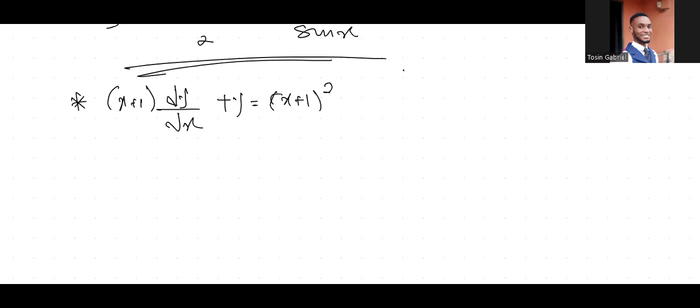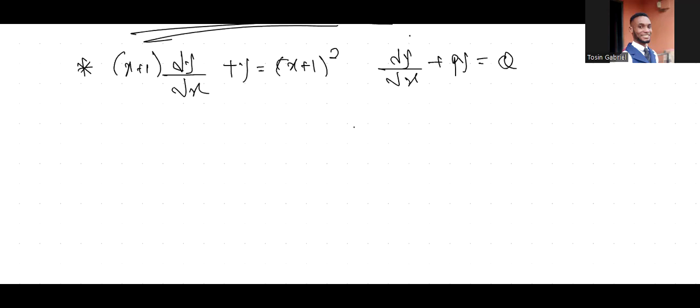We compare it with the normal form, which is dy/dx plus Py, which is equal to Q. If you compare, you discover that something is wrong, so you need to remove this one. In order for us to remove it, you have to divide by x plus 1.